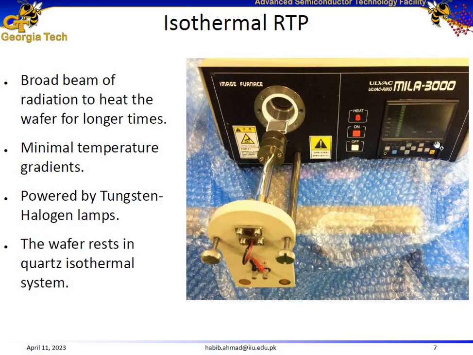Once you place samples into this quartz tube, you close the chamber and close the screws on this chamber, and after that there is a window in which you can program the heating. For example, you start from room temperature and you want to anneal the sample at 1000 degrees C. So first you have to ramp up the temperature from room temperature to 1000 degrees C, and then you keep your sample at 1000 degrees C for a particular amount of time, which is called dwell time.